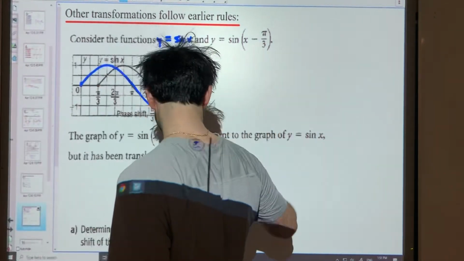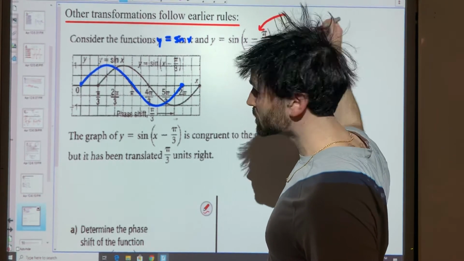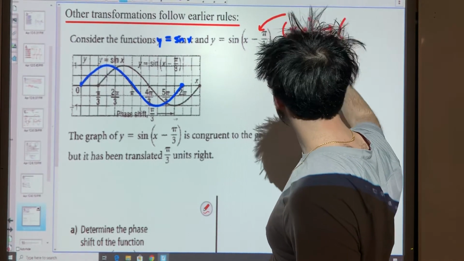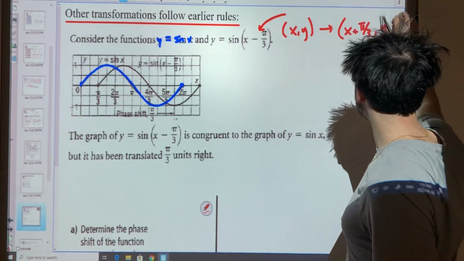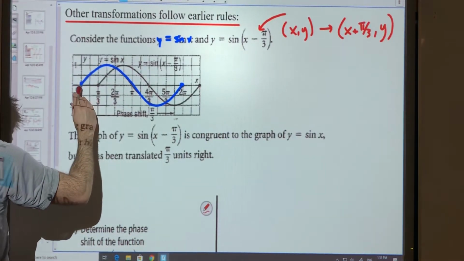Now, what should happen here? Well, we know that when you have a transformation in here, it's always the opposite sign. So I would take my xy coordinates and add pi over 3 units to the x values, and the y values would stay the same. So you can see here that we just added to all these points.